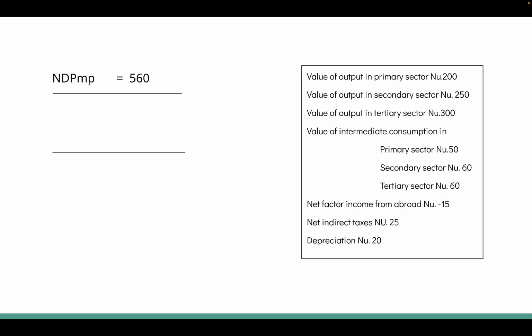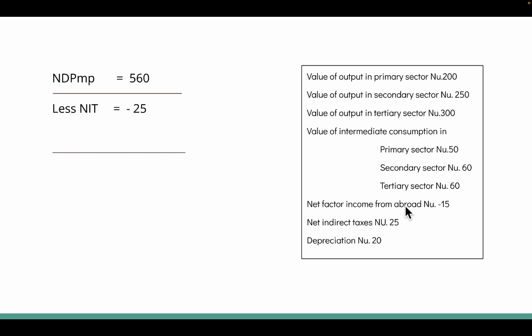So after deduction of the depreciation from the gross income, we get the net domestic product at market price. In the next step, we have to convert this market price to the factor cost. So how do we convert the market price to factor cost? To convert the market price to factor cost, we have to deduct net indirect taxes.